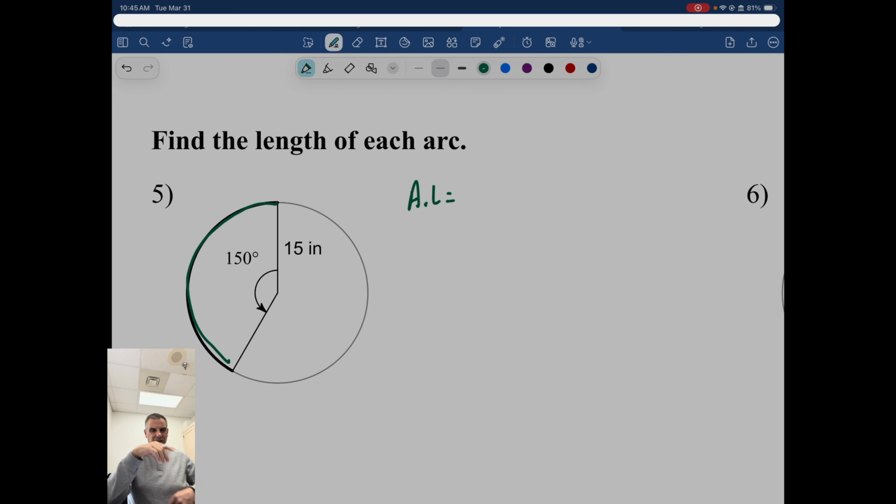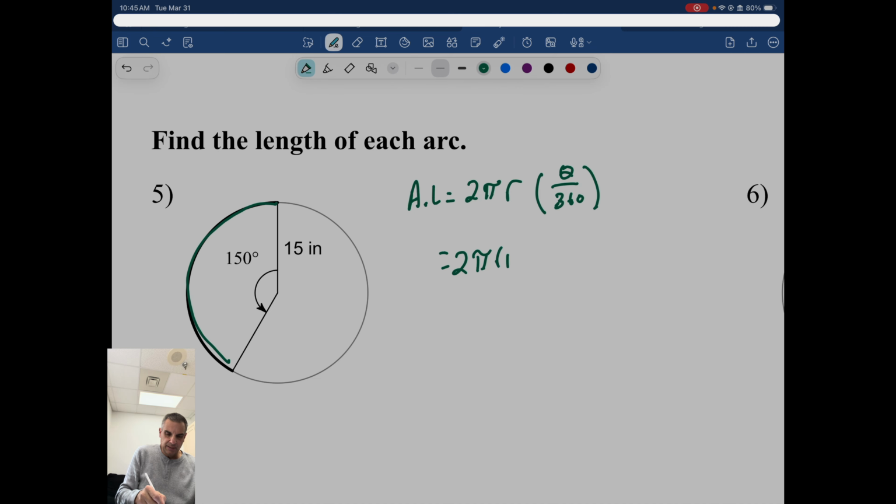When you travel completely around a circle, it's 2 pi r, and then it's the part of the circle that you're traveling, which is your central angle over 360. So in this case, it's 2 pi times 15, and then we're going to take that times 150 over 360.